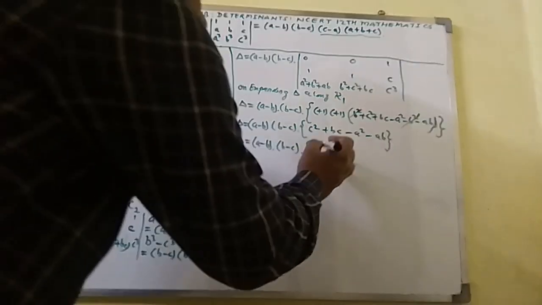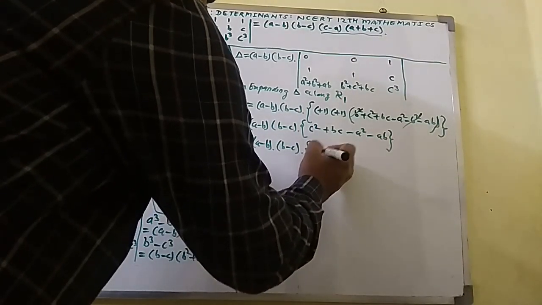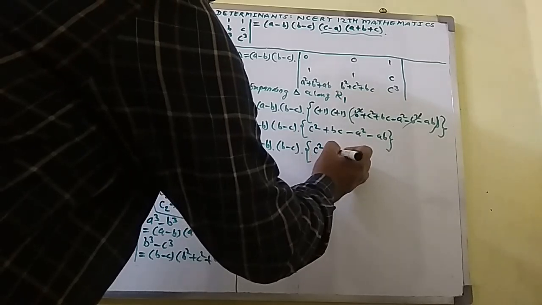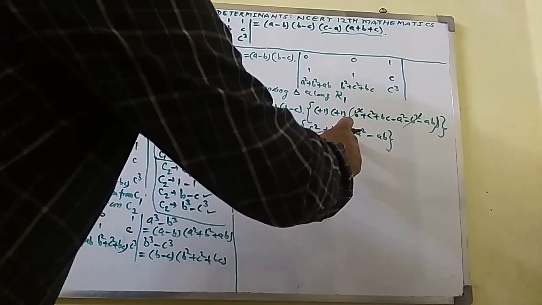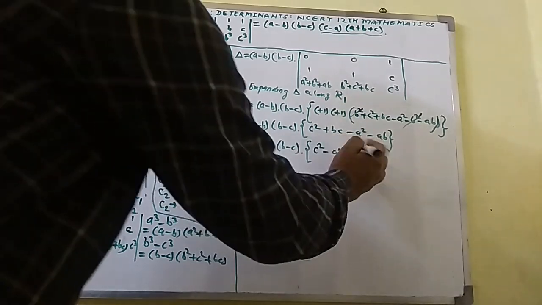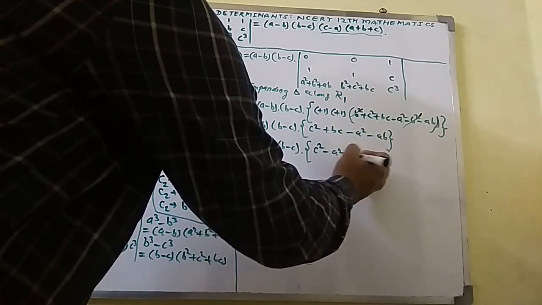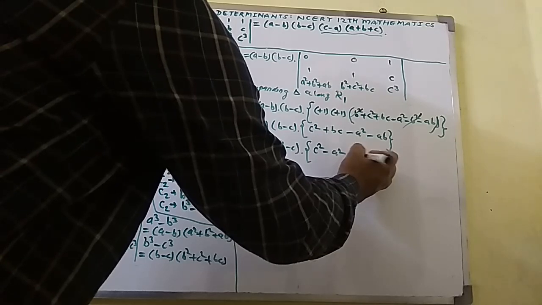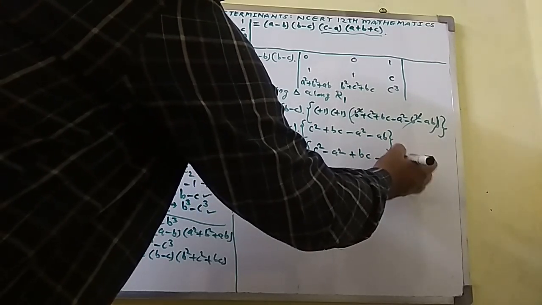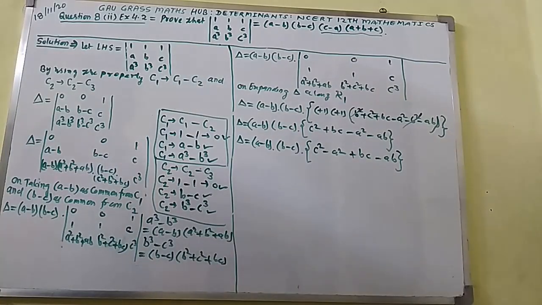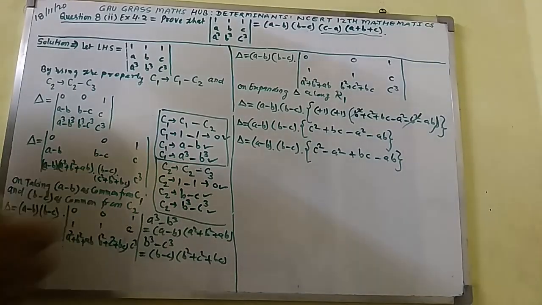So just I am going to do here. Here write c square minus a square. This c square I have written this place. This minus a square comes out to at this place. I here write bc minus ab. Closing of braces I have done here.